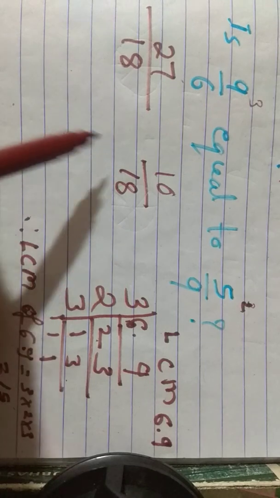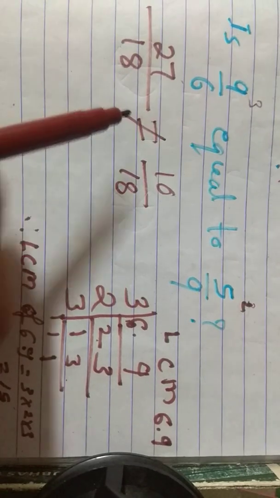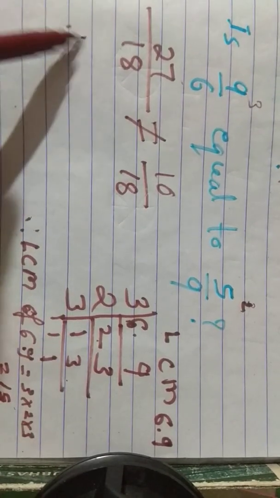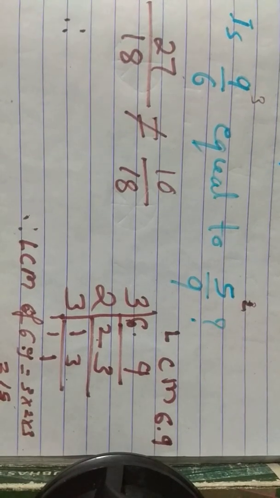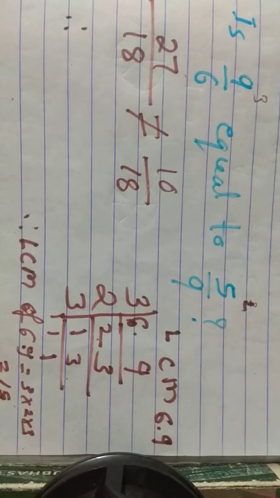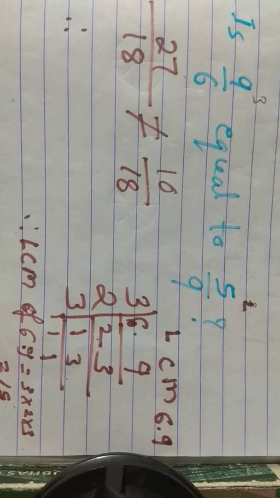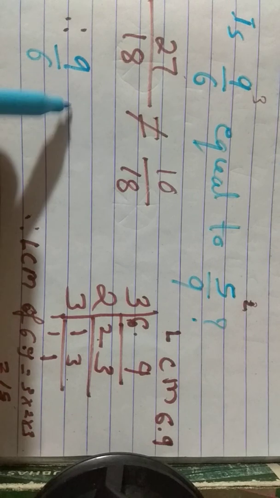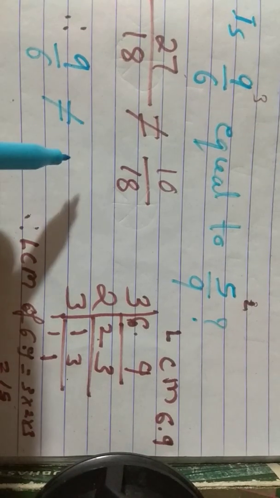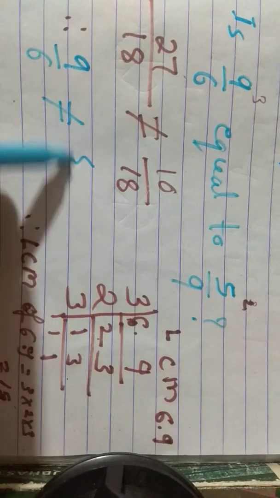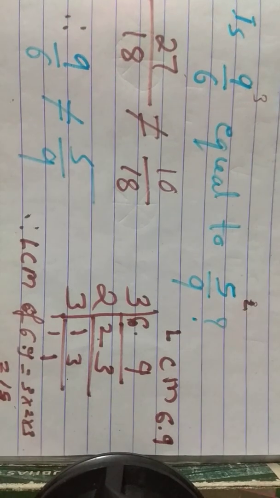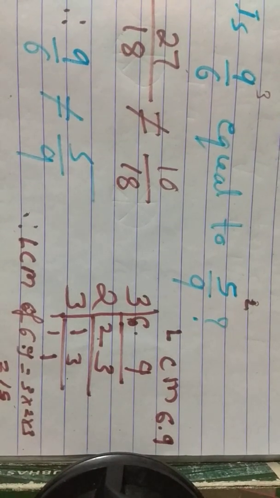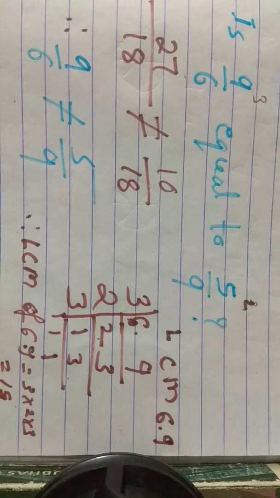So are they equal? No, they are not equal. Therefore, the given fractions 9 by 6 is not equal to 5 by 9. In this way, you have to check whether they are equal or not.